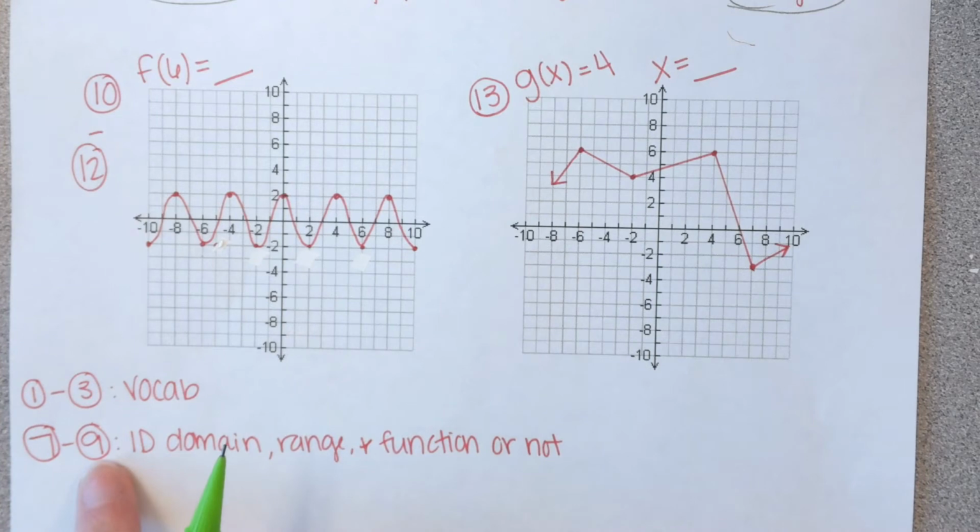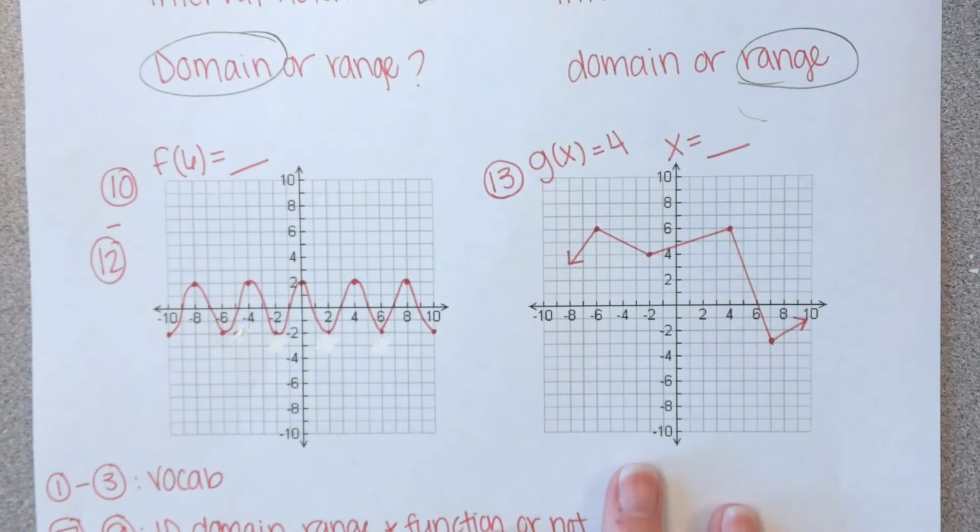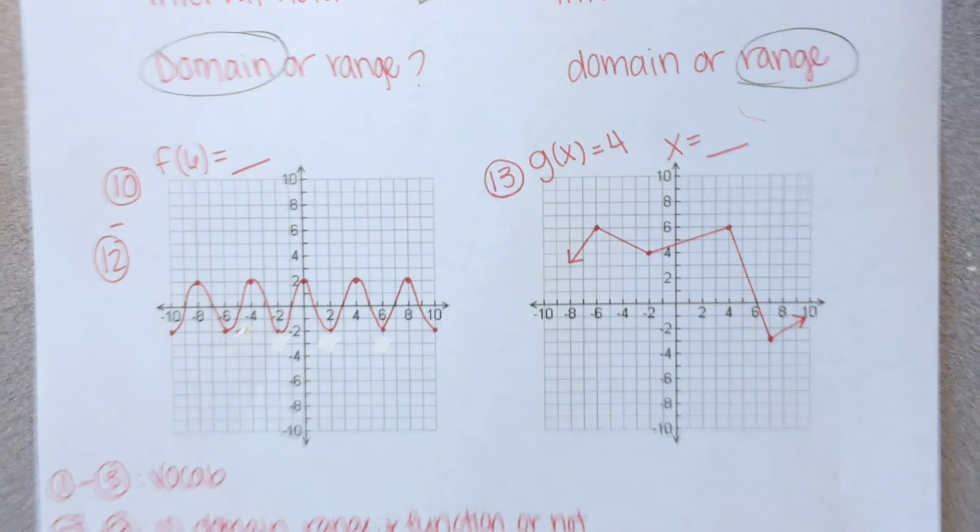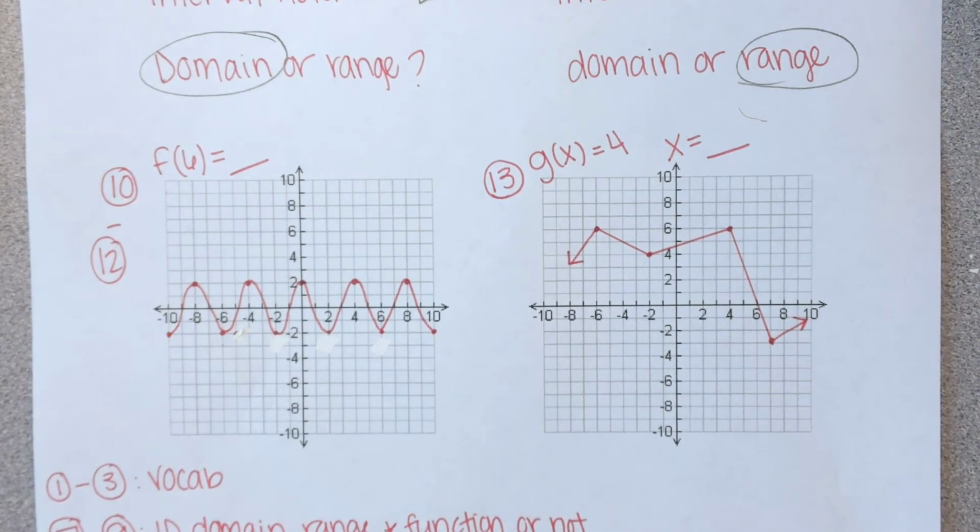Okay? Then 7 through 9, or I guess I missed question number 6 somehow. Oh, I apologize. Number 6 also goes back to vocabulary. That's what I was forgetting. So number 6 will ask you about some vocabulary. You're going to have to go back and think about functions and how many y-intercepts a function can have.